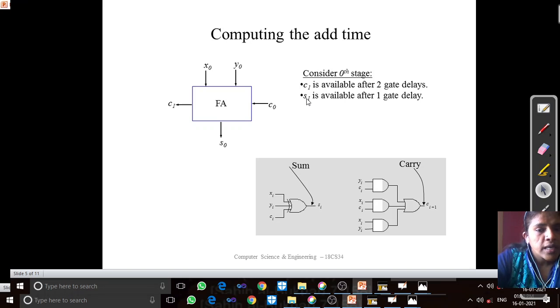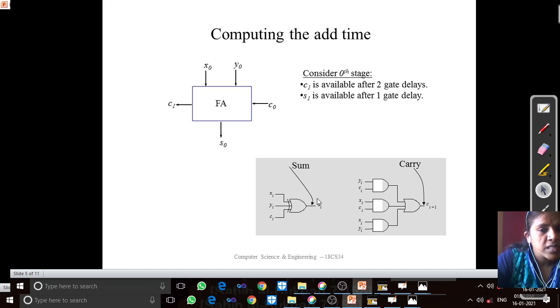Now let us take S1. S1 is the sum 1 bit. S1 is available after 1 gate delay. How is that? You can see, as soon as all the inputs x, y and c are given, with i being 0, S0 is obtained.